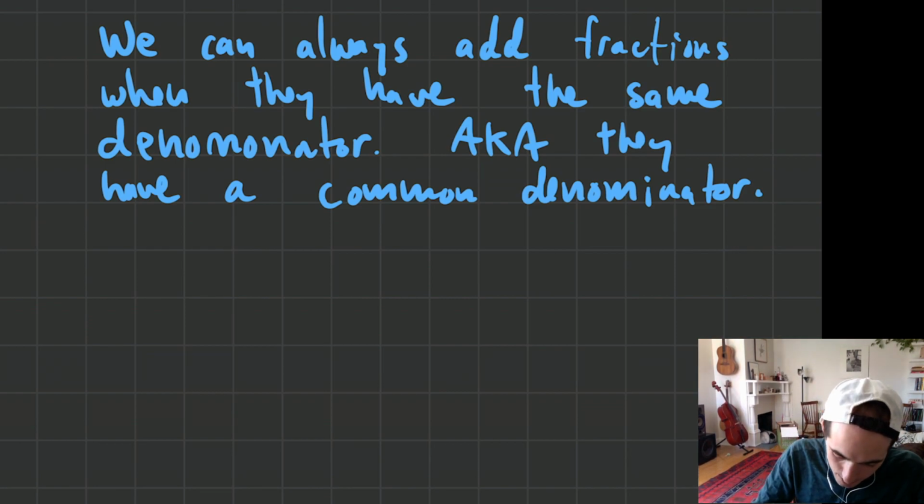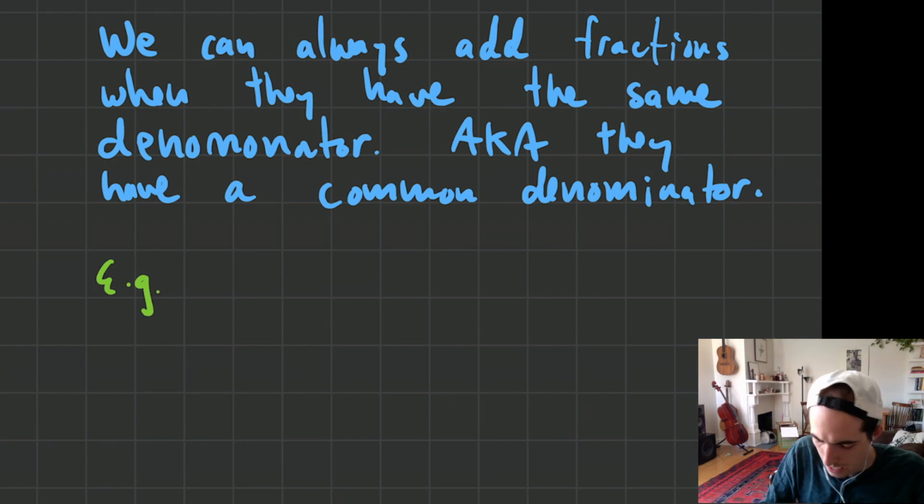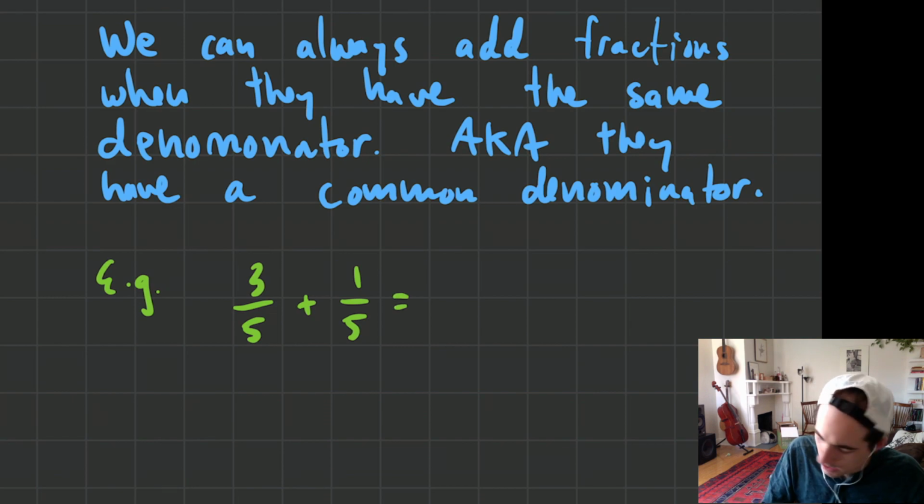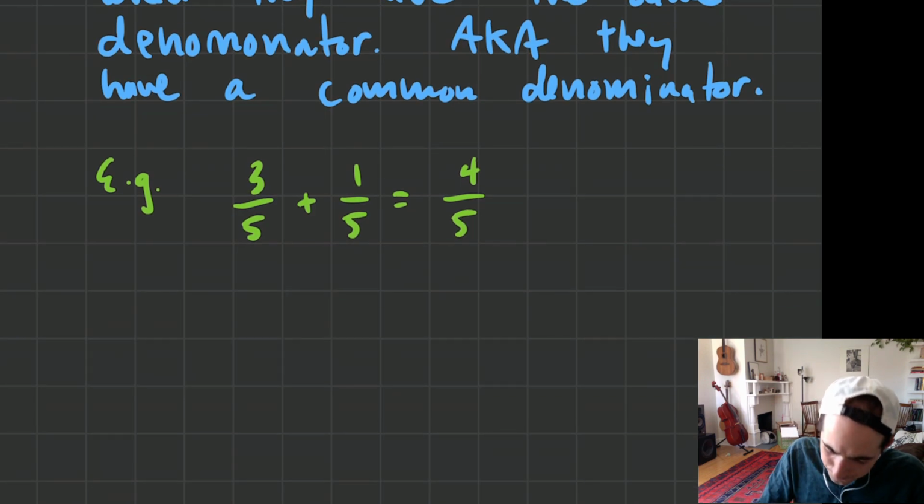So for example, if I have 3/5 plus 1/5, all I have to do is just add the numerators and I would get 4/5. And that's because these fractions are alike.